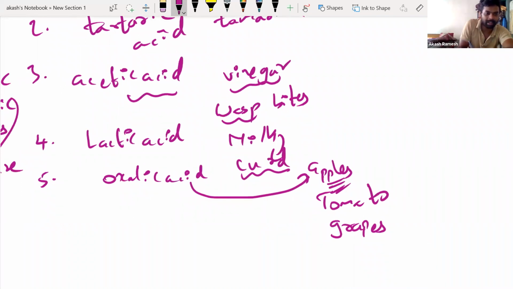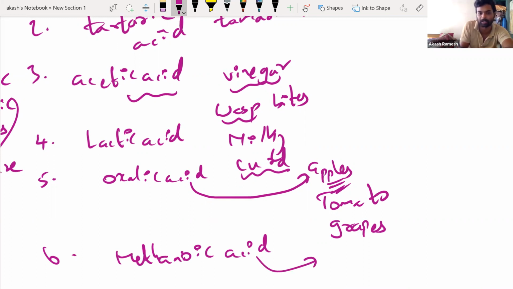Next one, sixth one. Any other natural acids? Methanoic acid. What is the common name of the acid? It's called methanoic acid, but we don't call it methanoic acid normally. We call it something else. First, where do you find this methanoic acid?